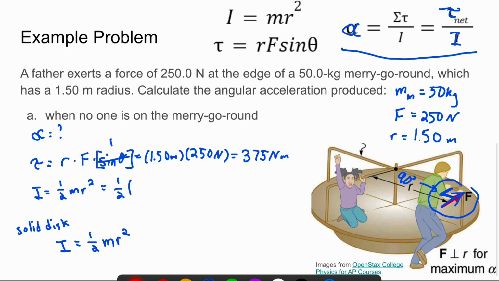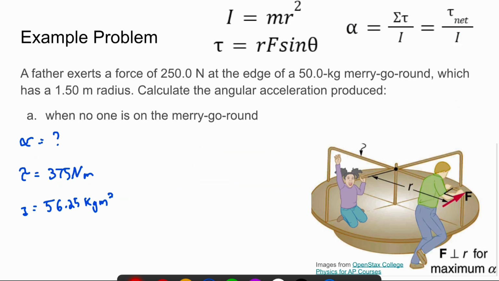So that would be 1/2 times the mass of the merry-go-round, which is 50 kilograms, times its radius, which again is 1.5 meters, squared. If we do the math on that, we should get 56.25, and the units we end up with are kilograms meters squared.